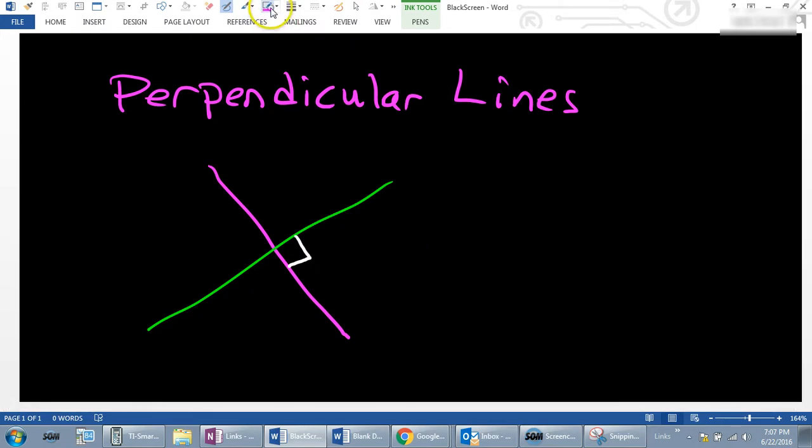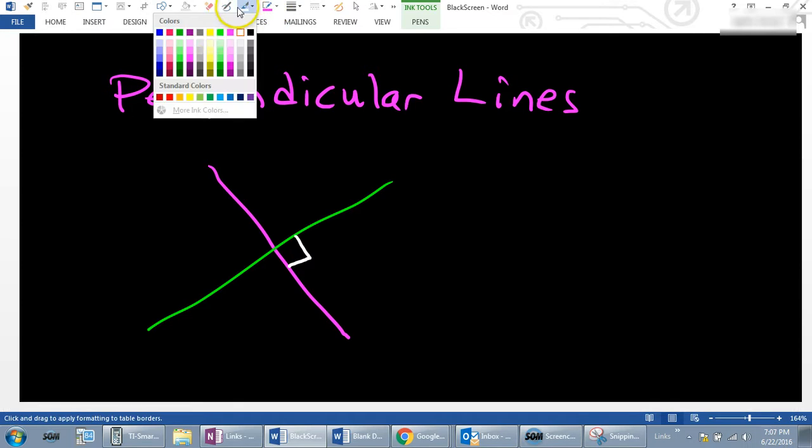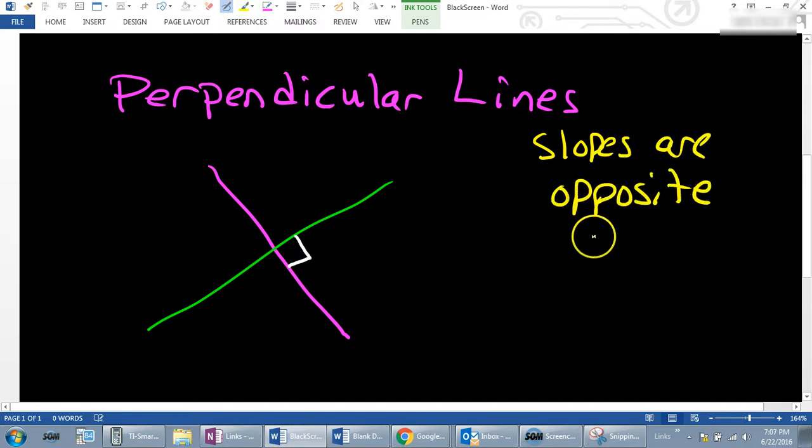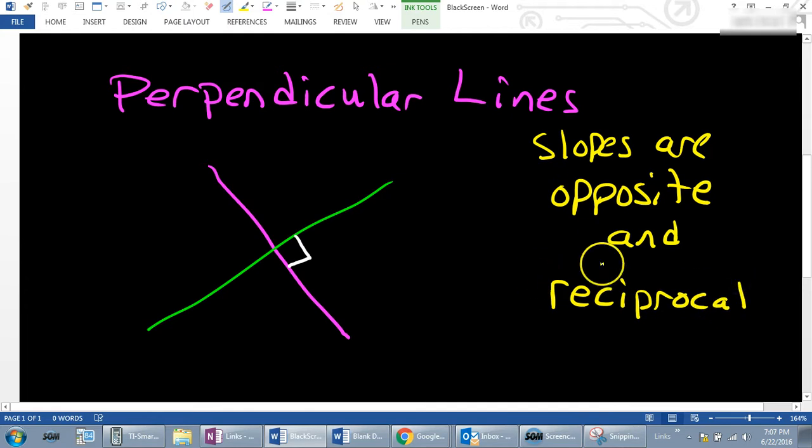Okay, now let's talk about slopes. Perpendicular lines don't have the same slope. Their slopes are opposite and reciprocal. Opposite and reciprocal. Now let's see what I mean by that.